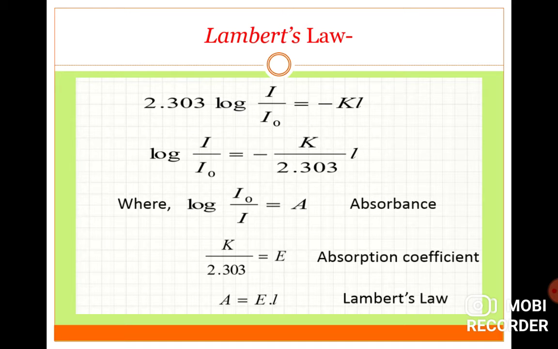Here I/I naught relates to the absorbance, k is the constant, and k/2.303 is the absorption coefficient. Then the equation becomes A is equal to a times l, that is, absorbance is directly proportional to the absorption coefficient and l.